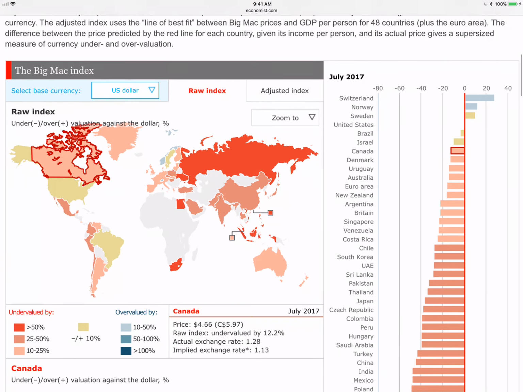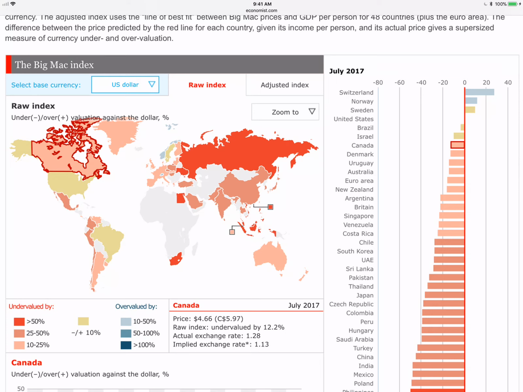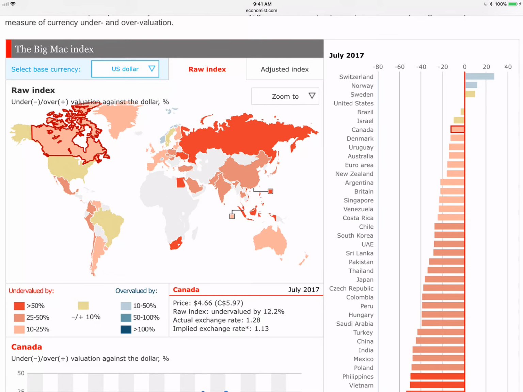But while we're looking at the Big Mac Index, what if we don't want to compare to the US? What if instead we want to compare Canada to the European Union? Okay, so in Canada, in Canadian dollars, a Big Mac is $5.90.